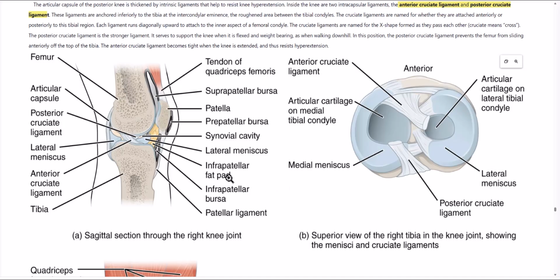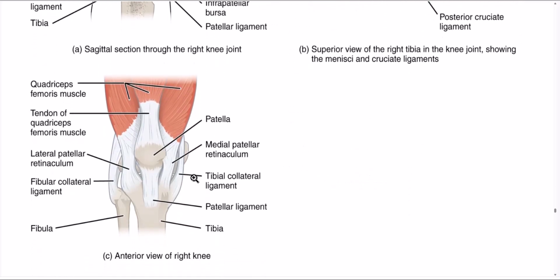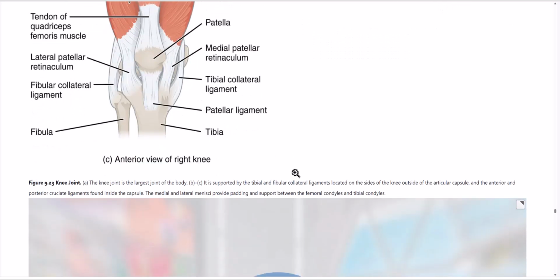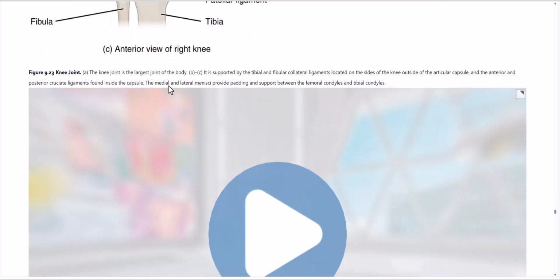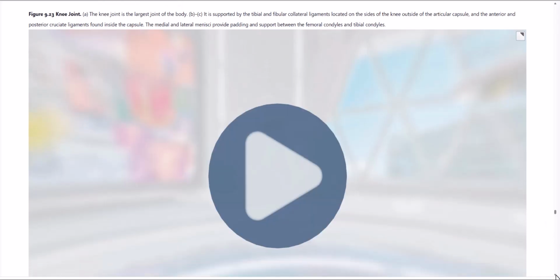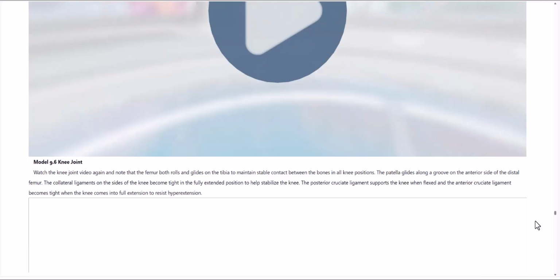So you'll see the epicondyles as well, labeled in the lab, and you can begin to appreciate that's where those collateral ligaments are attached up on the femur. The fact that I just said is also listed right here underneath this model image.